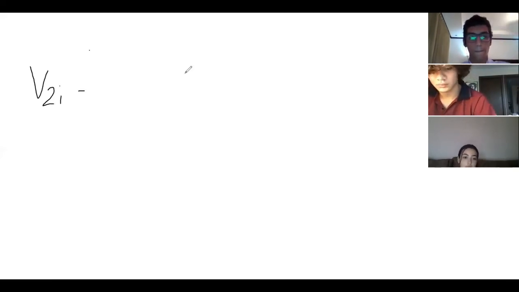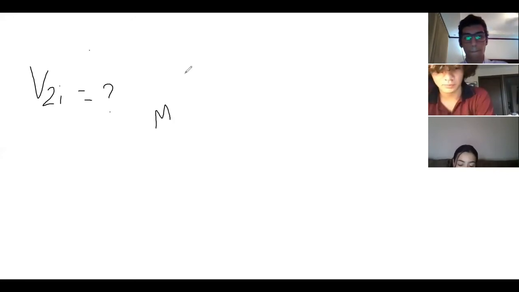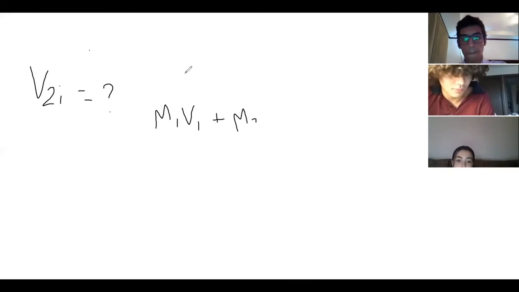In part A of problem 4, we're looking for V2I. So we're going to use the momentum formula, and in order to get V2I, we need to clear the formula. So the first step is to move M1V1I to the other side, and we do that by subtracting.